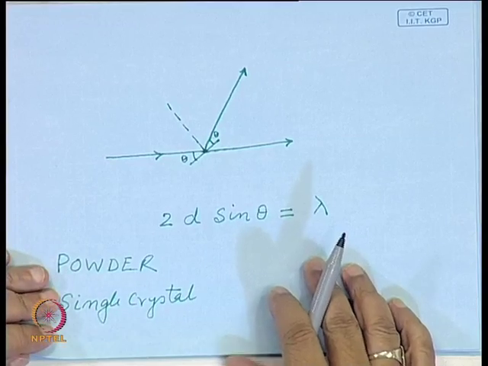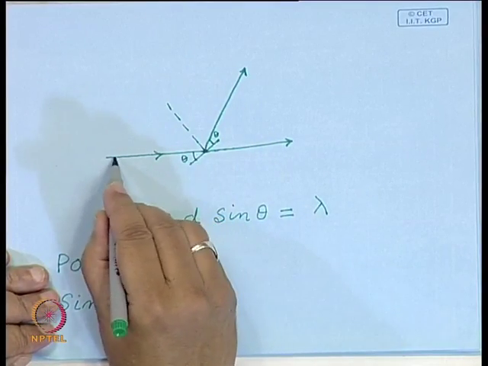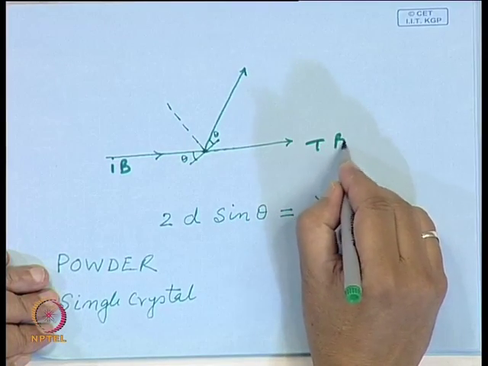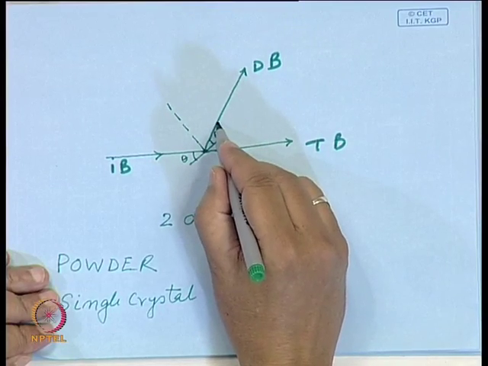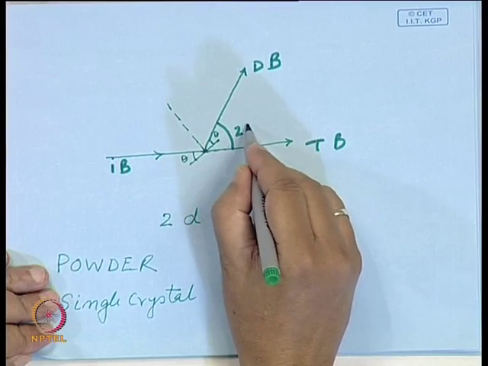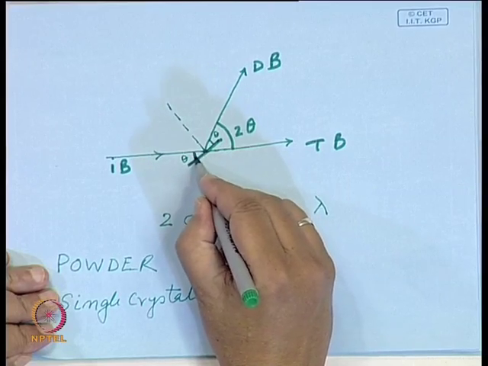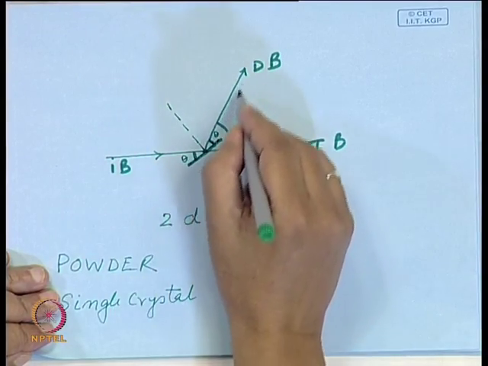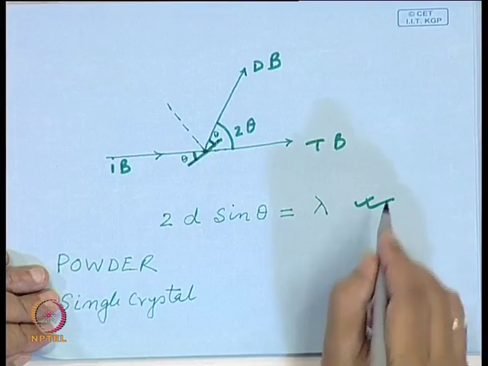Now, to record a diffraction pattern, one point is very critical. This is the incident beam, this is the transmitted beam, this is the diffracted beam, and as has been mentioned, it subtends an angle 2 theta. This is a reflecting plane. Diffraction occurs only if this condition is satisfied.